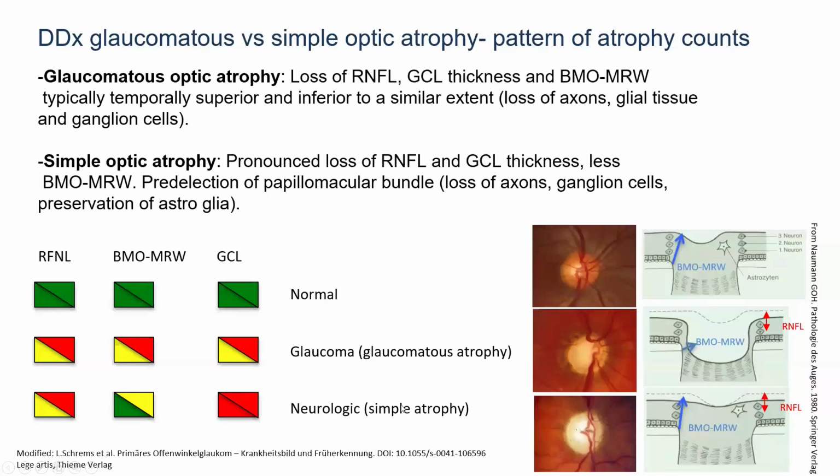As I said, the rim becomes pale and a little bit flattened, but the cupping does not enlarge as it does in glaucoma. So by comparing all three measurements, you may get a hint as to which kind of disease you have to deal with, especially in patients you would call a normal-tension glaucoma patient.